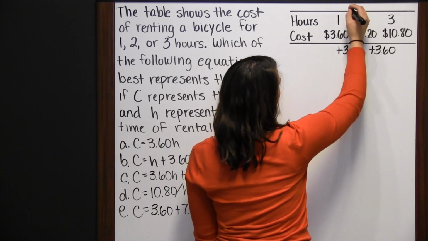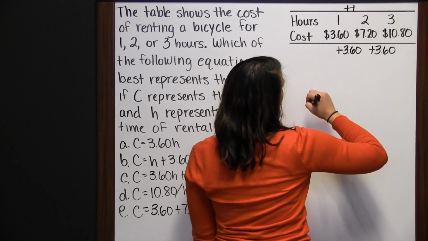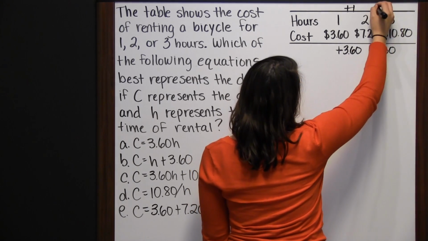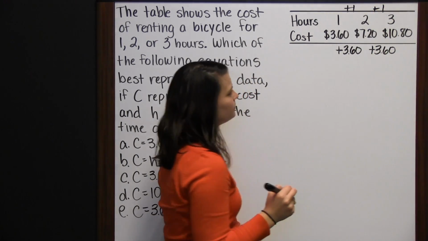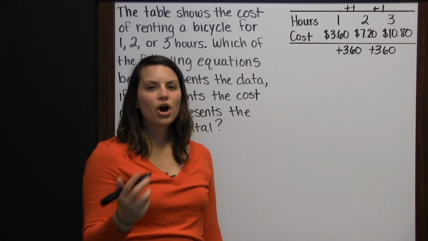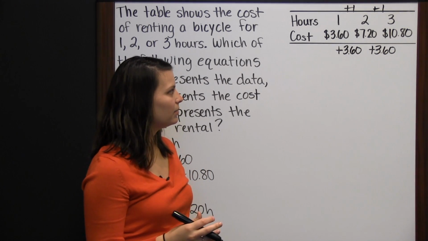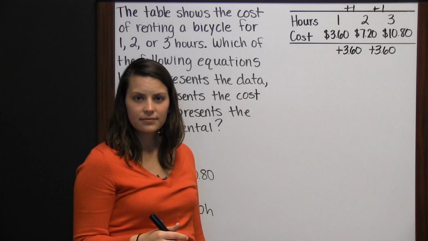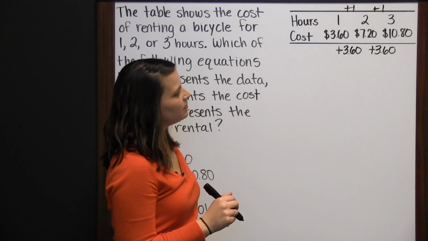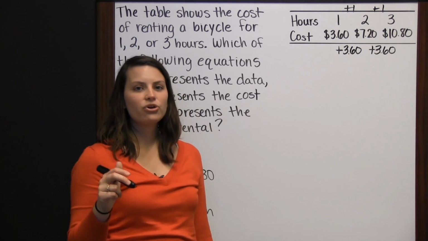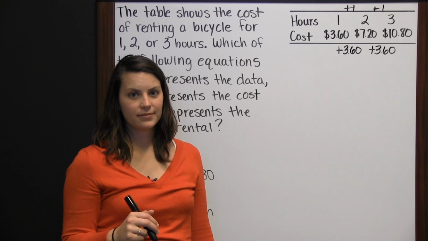So from 1 to 2, I increase by 1. From 2 to 3, I also increase by 1. So there's a constant change in my independent variable, my time, as well. This tells me that there's a linear relationship here.